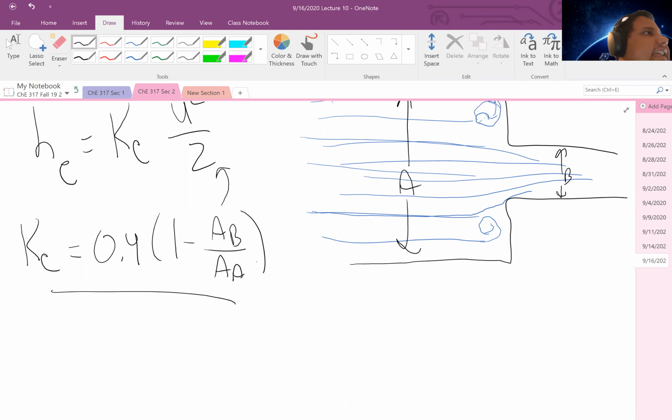So yes, the expansion has a square in the expression. The contraction does not, but there is essentially a factor of 0.4.